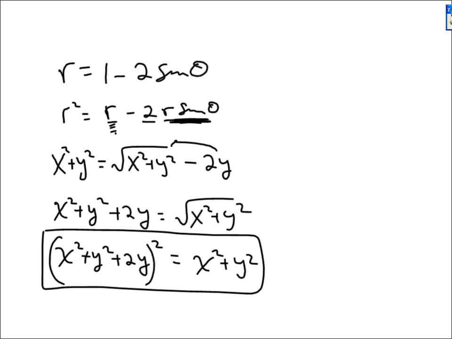Depending upon your teacher, the line above might be acceptable. If the teacher says time and time again, final answers cannot have square roots, well then, don't leave this line as your final answer, for one simple reason: it has a square root sign.